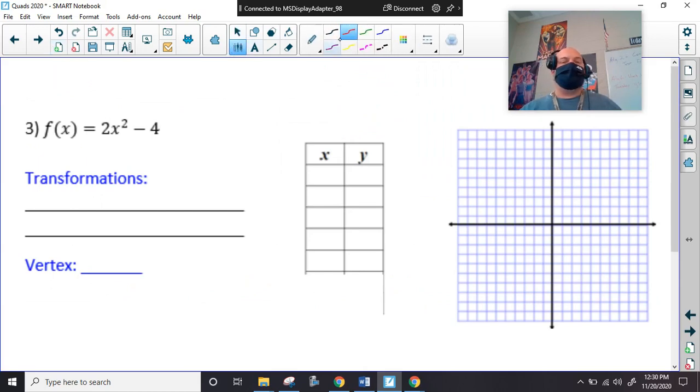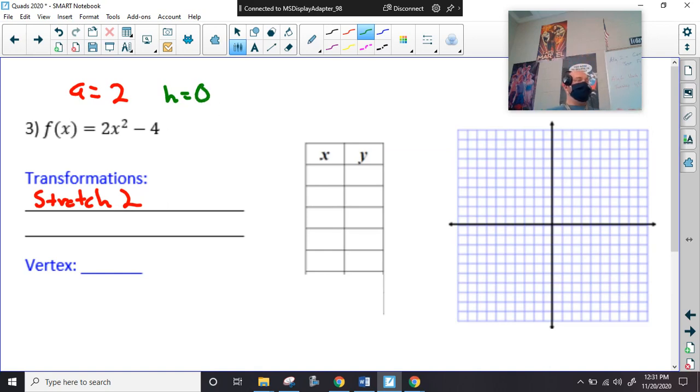Now, number 3. Our a right here is 2. So we automatically know we have a stretch of 2. Our h, what is our h value right here? 0.